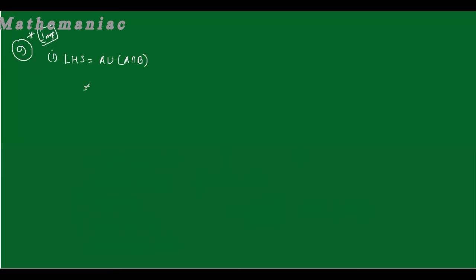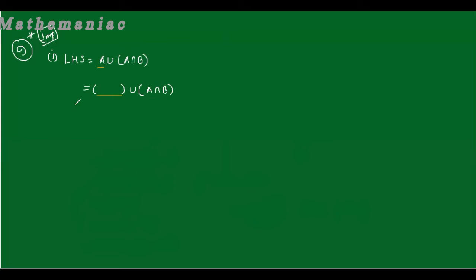How do we proceed? I'm going to do something here which is very, very important. The single A which is there, I'm going to replace it by something. But I have to replace it in such a way that the whole is equal to A, number one.